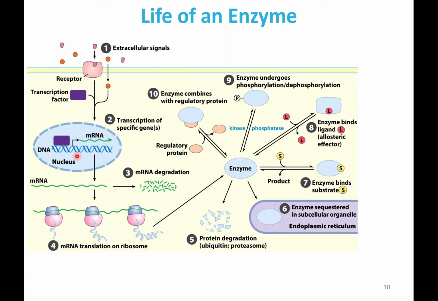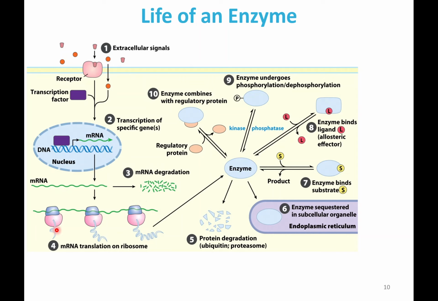Okay, you can be transcribing a gene, but if that messenger RNA doesn't stick around long enough, you're not going to be expressing much of that protein. So the messenger RNA can be degraded before much of the protein is made. So that's one way to regulate it.